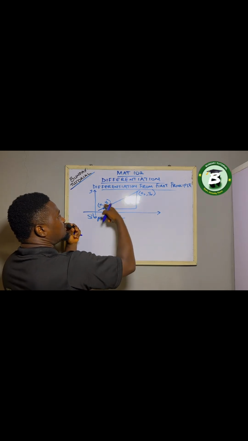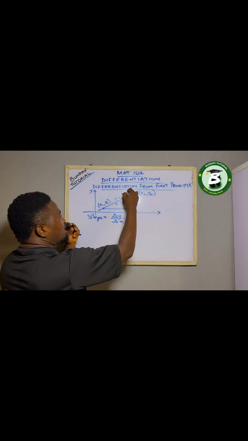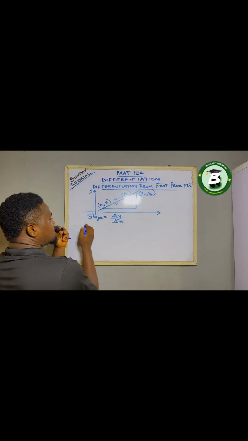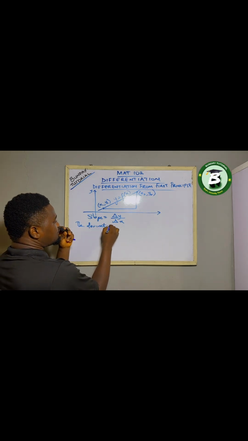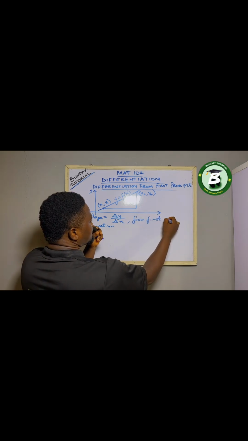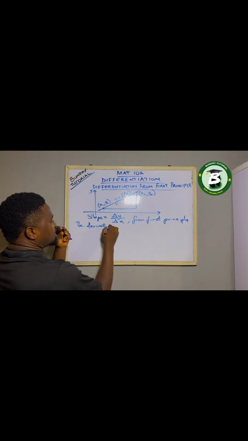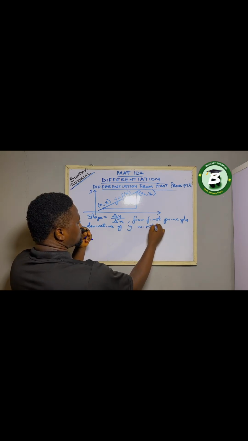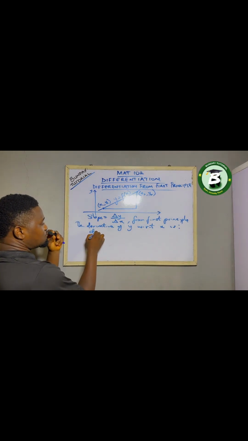Let us say this is a straight line function like y equals f of x. So definitely the derivative of this is given by, from first principle, the derivative of y with respect to x is defined as, still, we have dy dx.